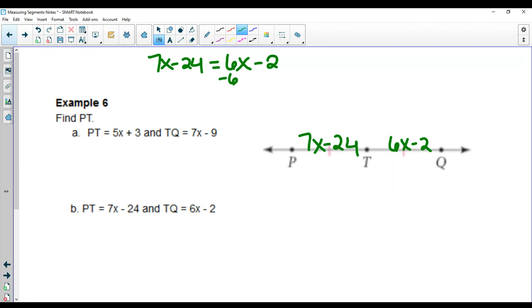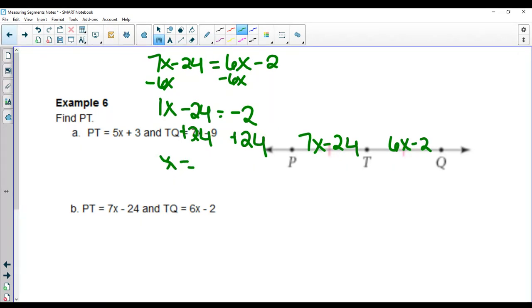I'm going to move 6x. 7 minus 6 is 1x. X equals 22. So I'm going to go plug x in.